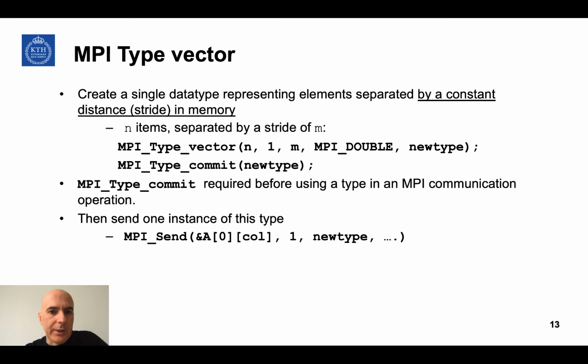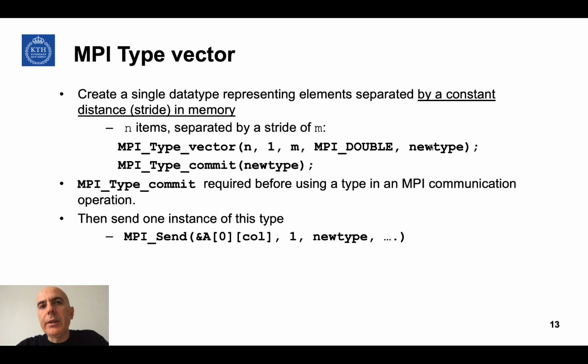To create a data type, it consists of two operations. First, we define the data type, and we provide how many elements, the stride, and the basic element type. So we use MPI_Type_vector. In this case, we have n elements consisting of our column, then the stride, then MPI_DOUBLE and the new type.